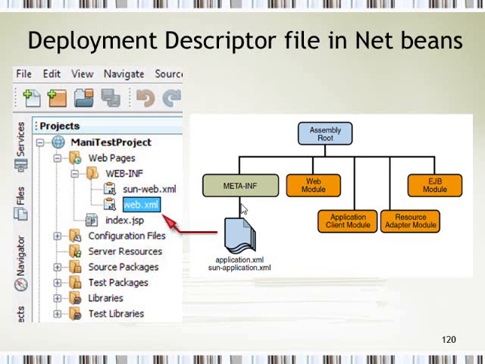J2EE architecture is standardized. Everybody is supposed to follow something, and you are overriding that standard. Immediately the server says, I can't deploy this thing. I don't know what is the meaning of this. Why are you putting extra files here? It is not expected in the package. So your components can't be deployed. So be careful with this. Don't confuse the server by putting things in a different place.